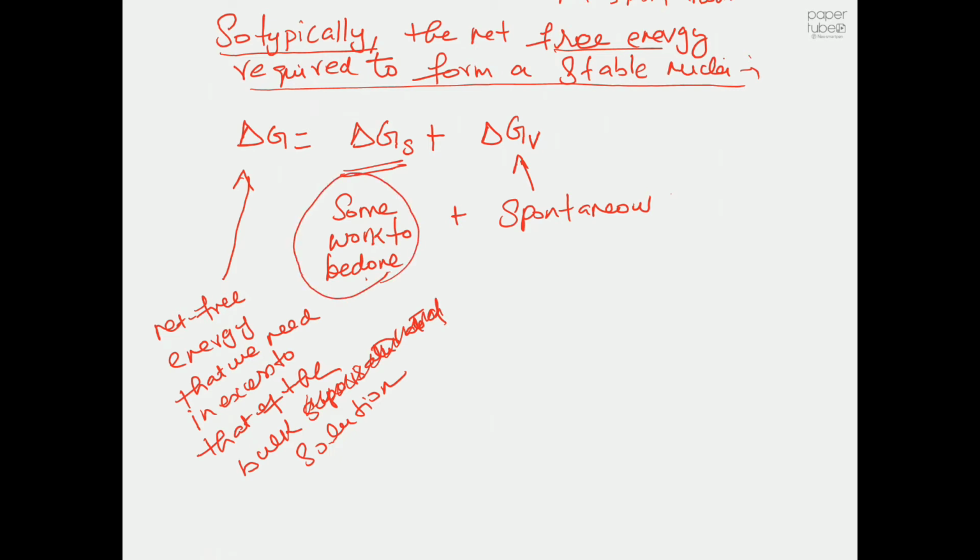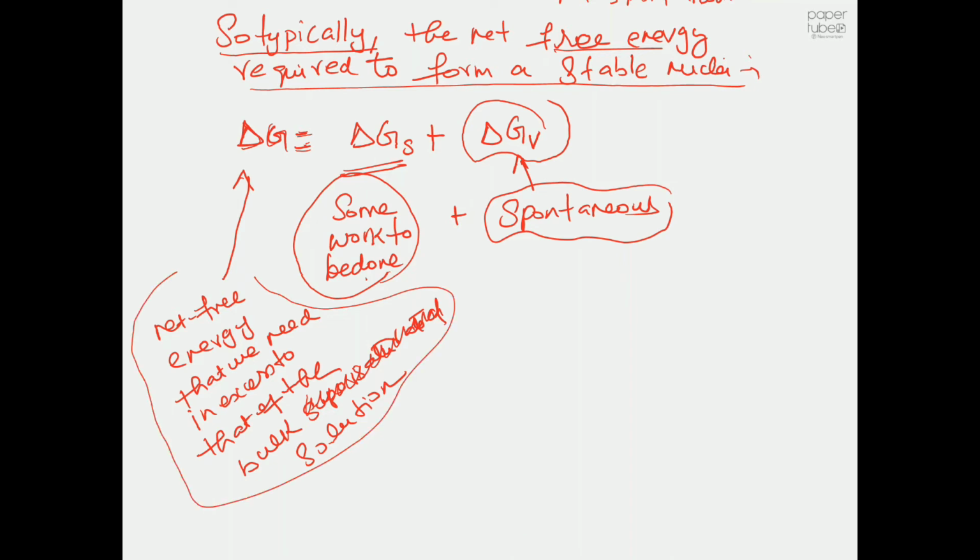There will be a spontaneous process, which is the building up of the volume. If you sum that, delta G gives the net free energy that we need in excess to that of the bulk solution to create your stable nuclei in that solution. So that's the whole idea.